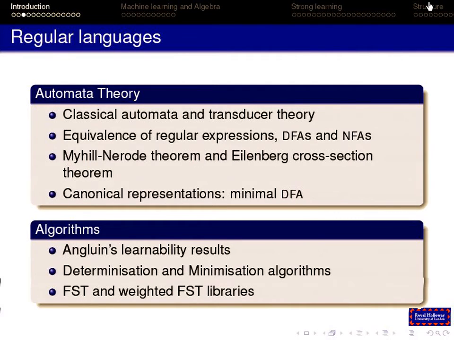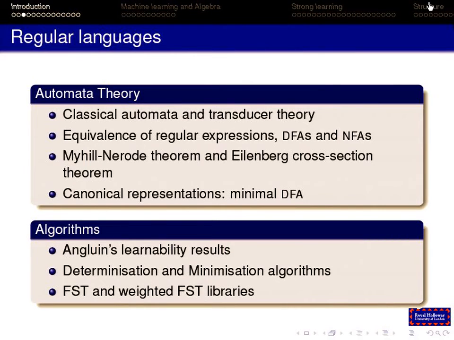We have canonical representations for regular languages, and these lead into algorithms like Dana Angluin's classic learnability results. We have determinization and minimization algorithms, and we have these wonderful finite state transducer and weighted finite state transducer algorithms that are used very extensively in NLP. So at this level, this is great.